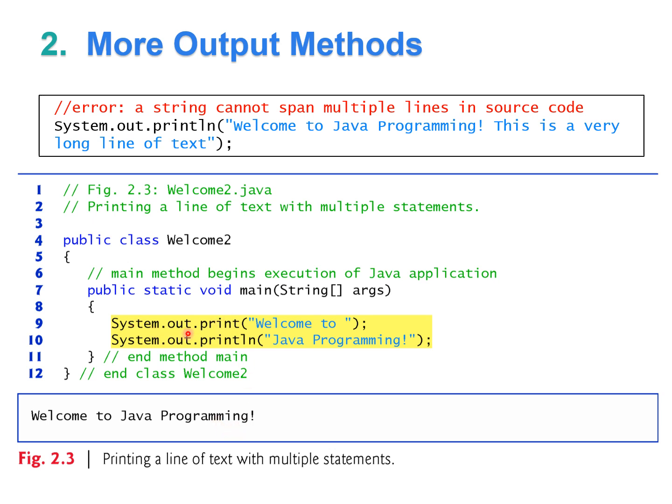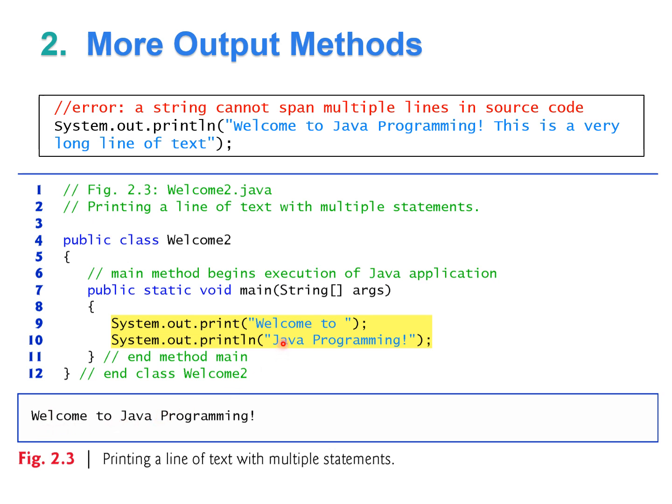The first statement is to print out the string "Welcome to ", which ends with a space but not a new line. After the print statement is executed, the output cursor is placed right at the end of the string it prints out, not at the beginning of the next line.